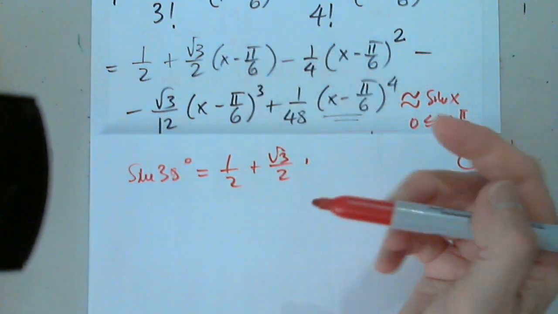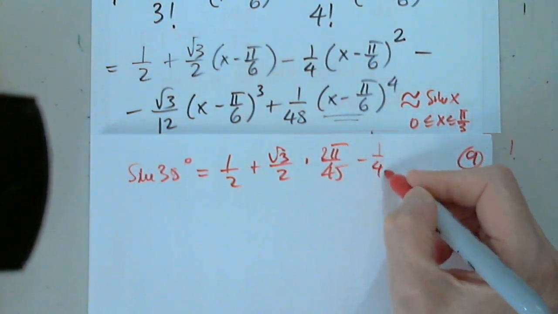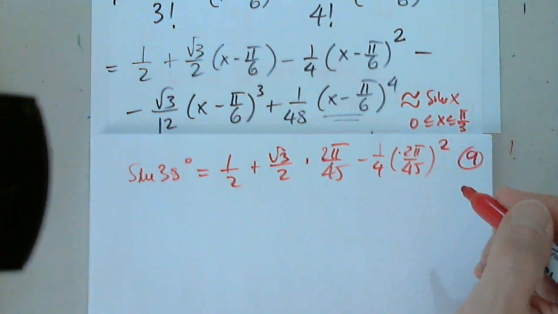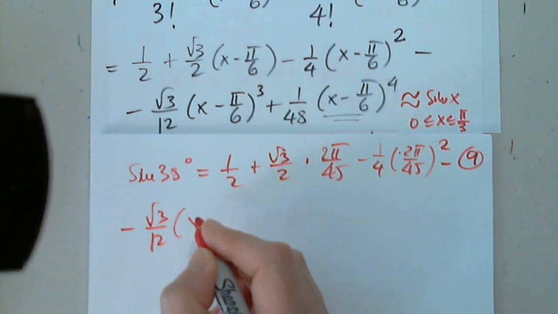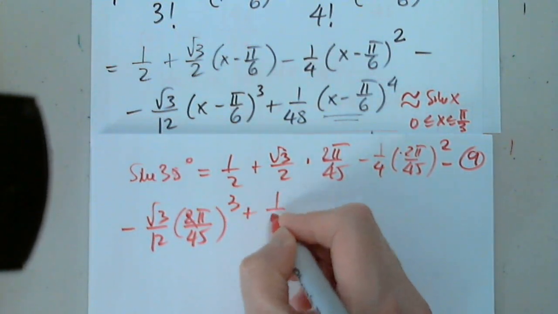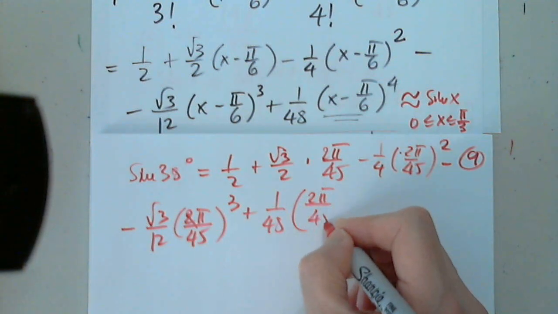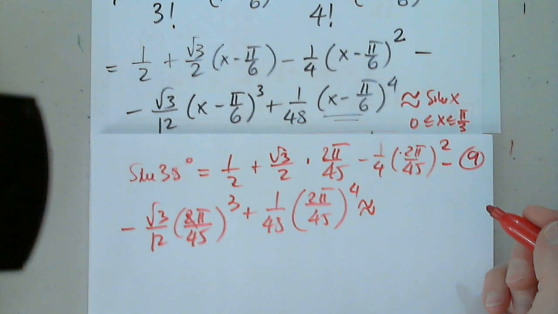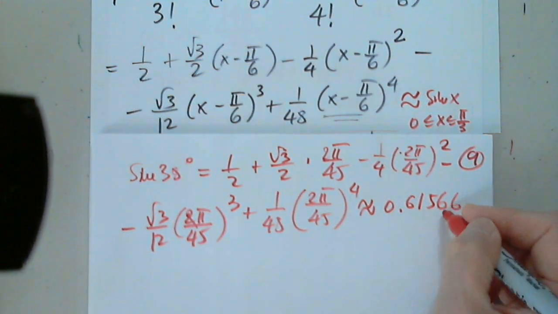It's that 2 pi over 45 minus 1/4 times 2 pi over 45 squared, minus the square root of 3 over 12 times 2 pi over 45 to the third, plus 1 over 48 times 2 pi over 45 to the power 4, which is approximately 0.61566.